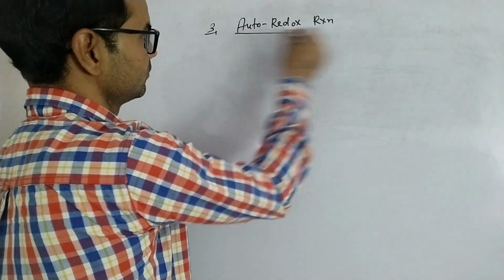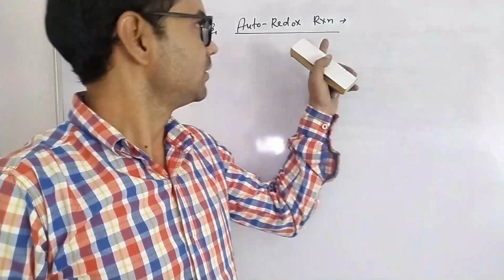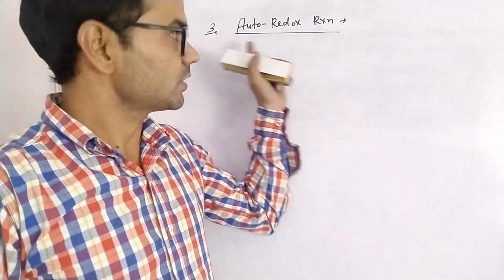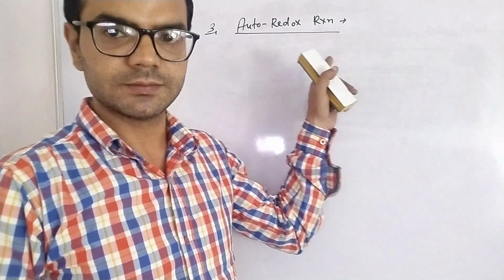auto redox reaction. Auto means self, in which oxidation and reduction of the same element takes place.